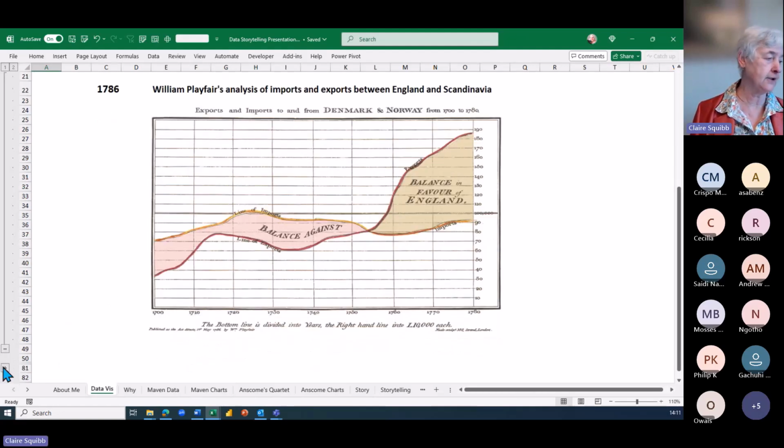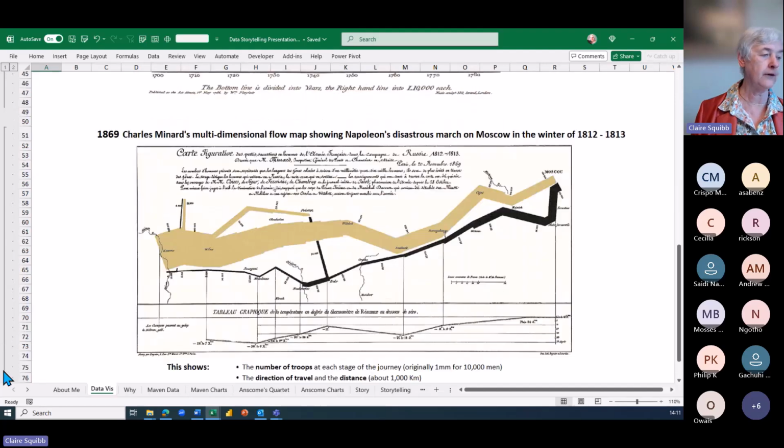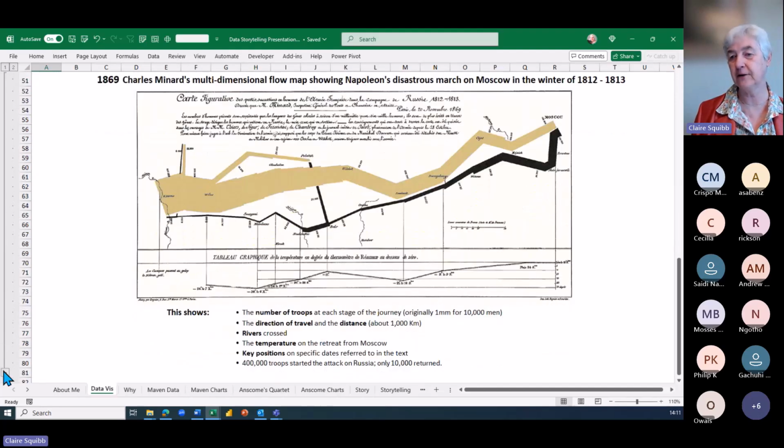Data visualizations can get very complicated. This is another very good early example of an extremely informative and complex visualization. This was a chart made in 1869 by a French engineer called Charles Minard, and it's a flow map.